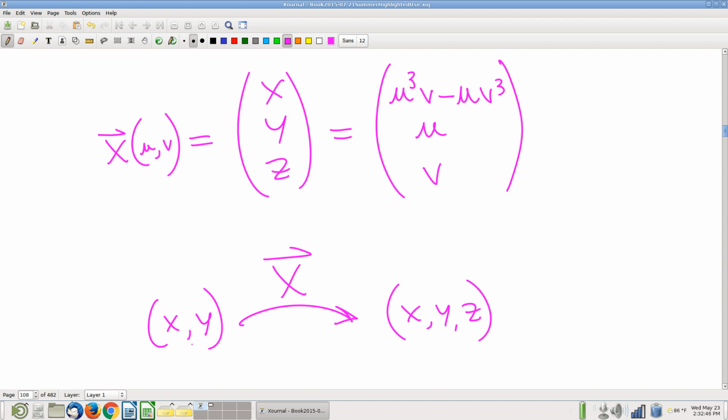It's uncomfortable that, let's say, x is both an input variable and an output variable. It's not that you can't do that necessarily. Morally it's the same thing, because the formula for y is u.